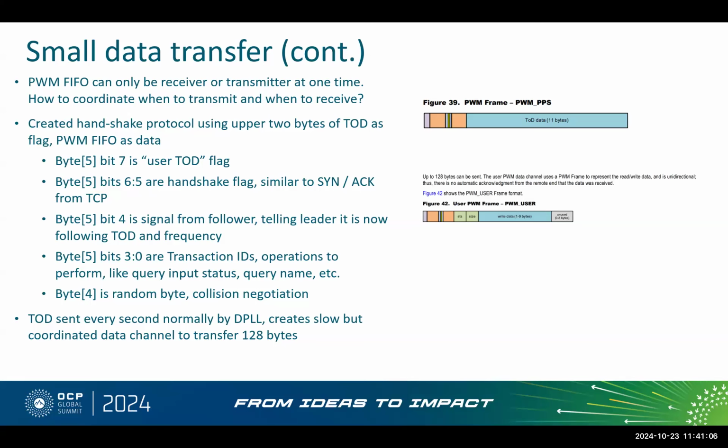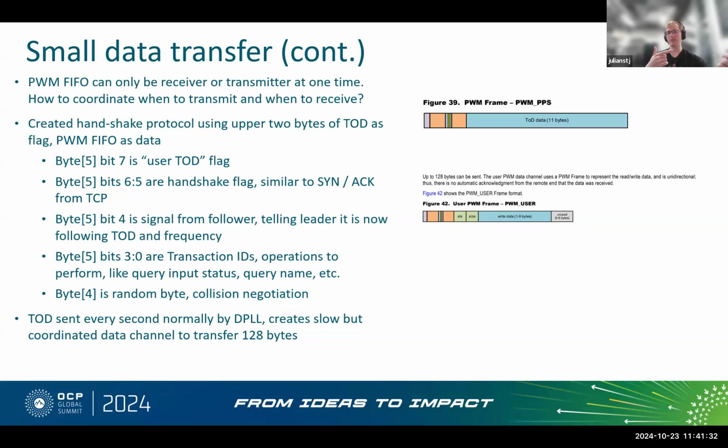How often are you sending these messages? The time of day is once per second. And what I found was it takes 1 or 2 seconds before you actually receive it, so you have a latency. If one side sends something, the other side takes 1 or 2 seconds to get it just for this time of day handshaking.